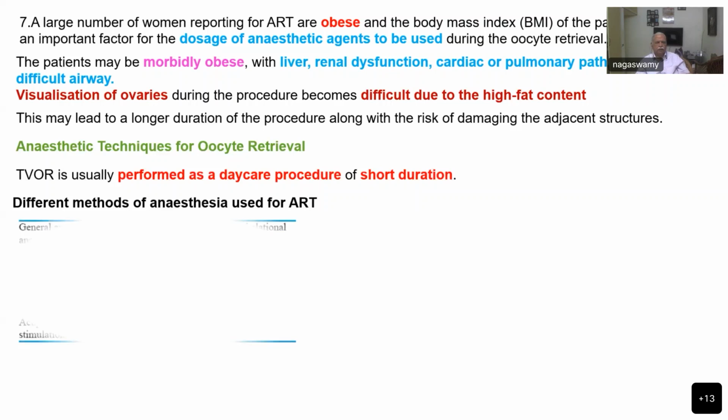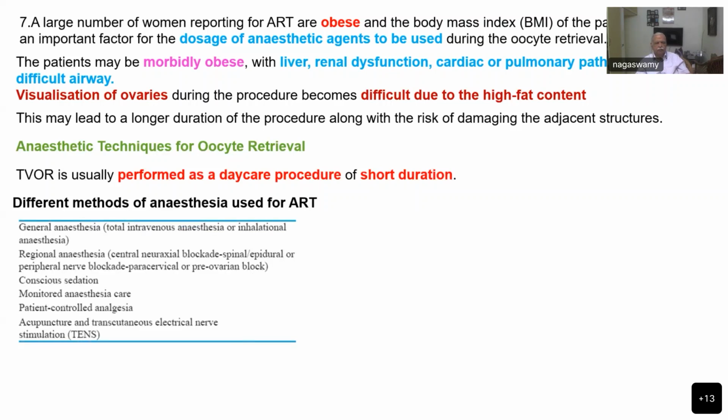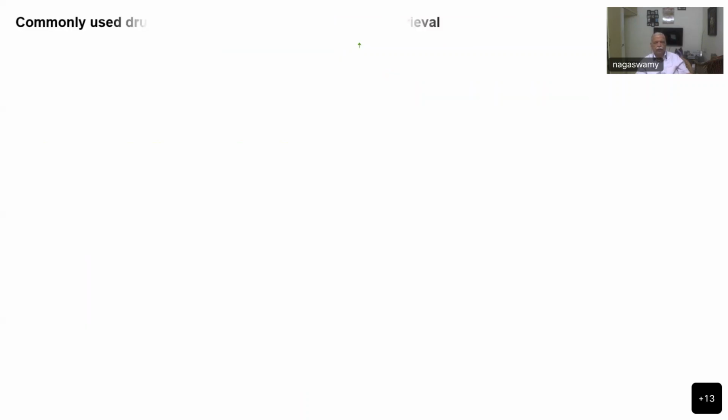And different methods of anesthesia are listed, right from general anesthesia to acupuncture and TENS. But this last one, acupuncture and TENS, is not commonly practiced because the physician, especially in a busy center, may not have time to wait for the technique to take effect and do the procedure.